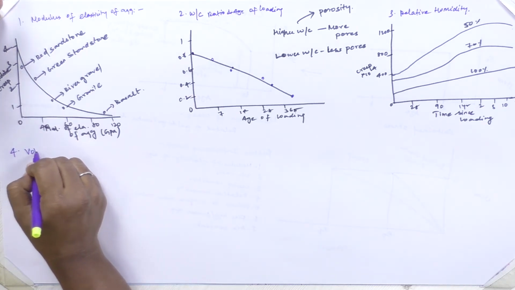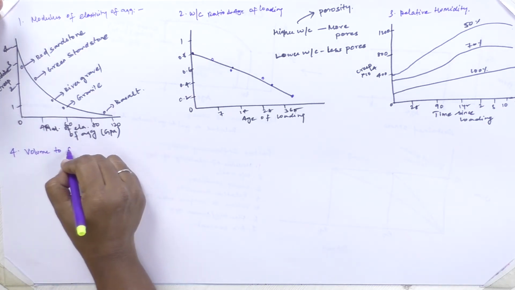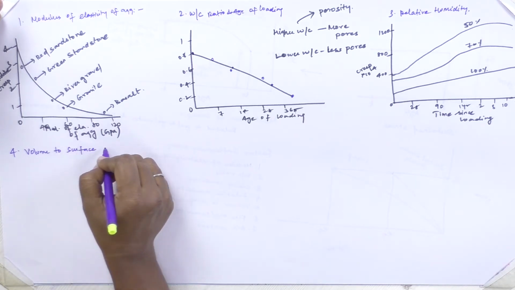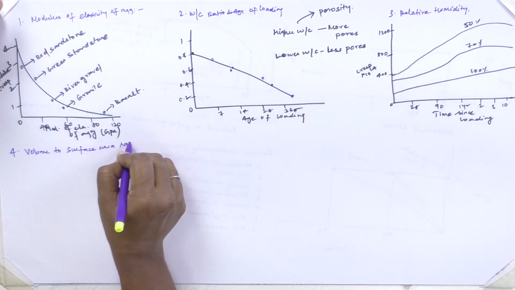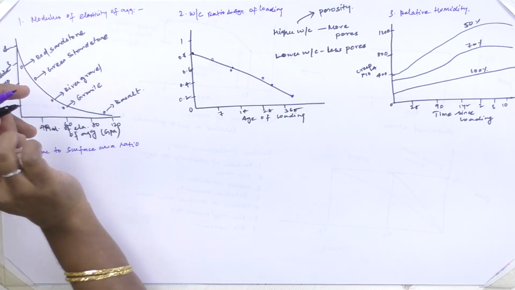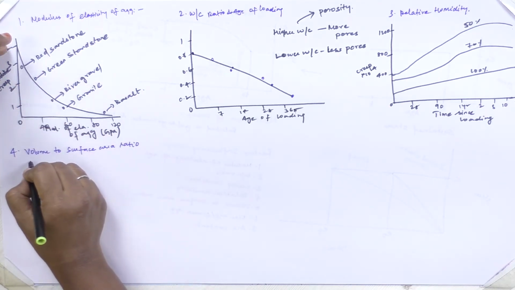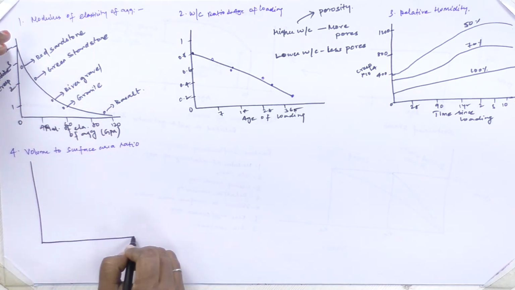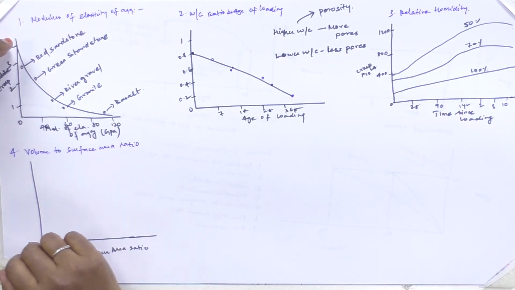Next one is volume to surface area ratio.